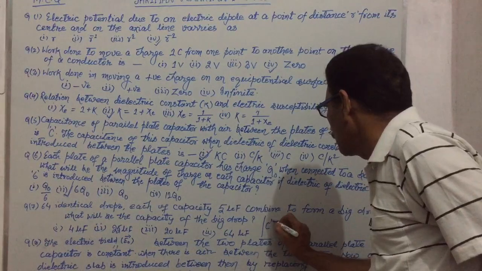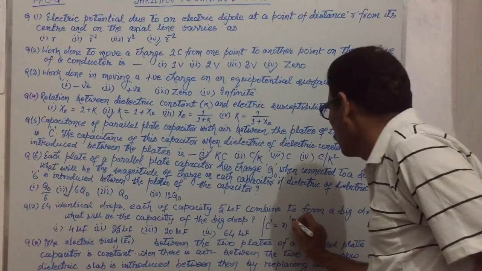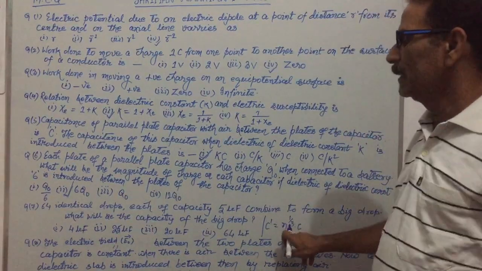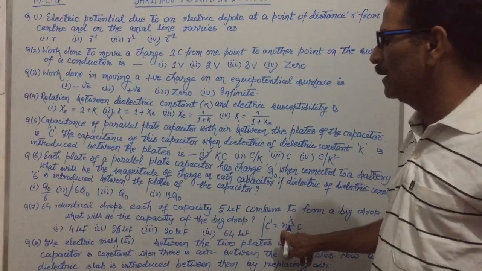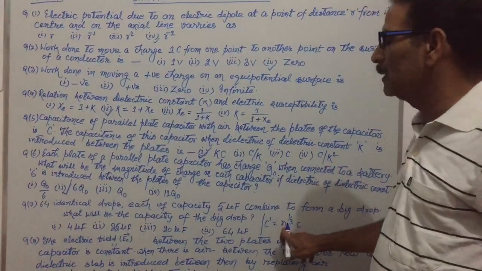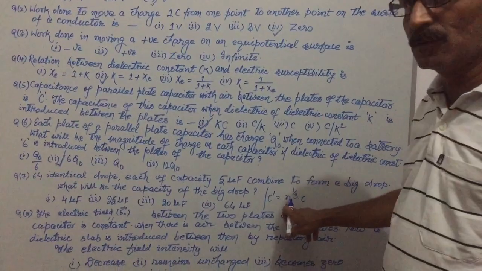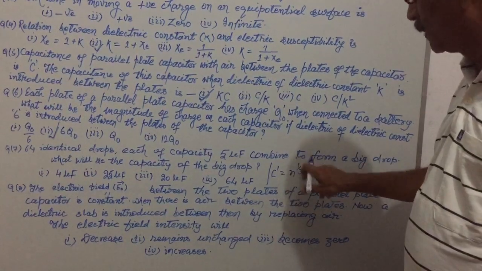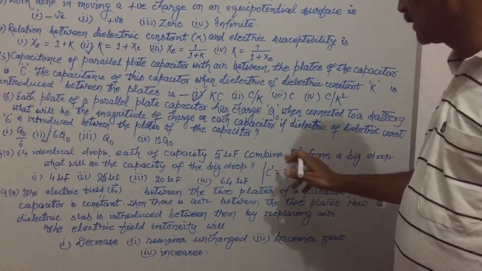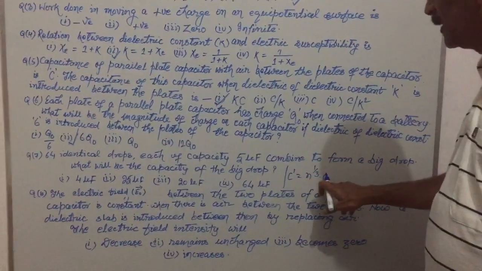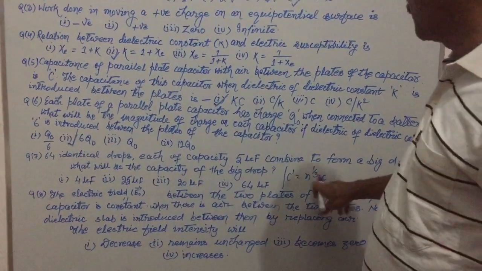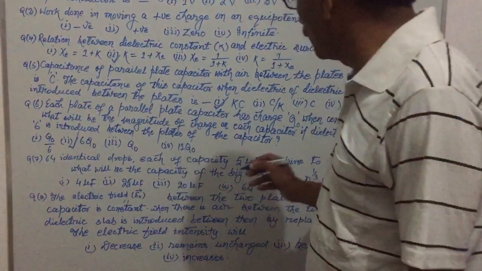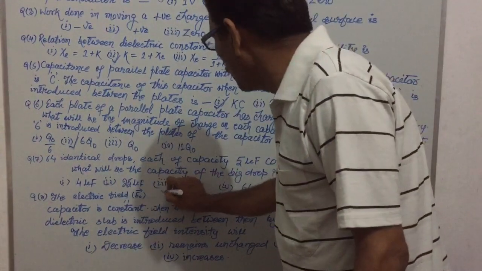C' is equal to n to the power 1/3 into C, जहाँ n वह नंबर है कितने आइडेंटिकल ड्रॉप्स एक दूसरे से कोलैप्स कर रहे हैं. क्योंकि n का मान 64 है और 64 को तुम 4 टू द पावर क्यूब लिख सकते हो तो 4 टू द पावर क्यूब और उसका पूरा का पावर 1/3 और पावर 3 कैंसिल हो जाएगा, यानी 4 टाइम्स C, तो 4 और प्रत्येक की है 5, तो 4 multiplied by 5, that we will get 4 into 5, that is 20 microfarad.